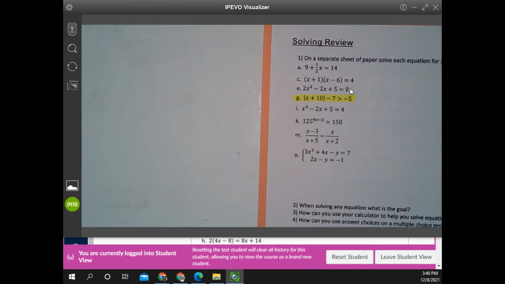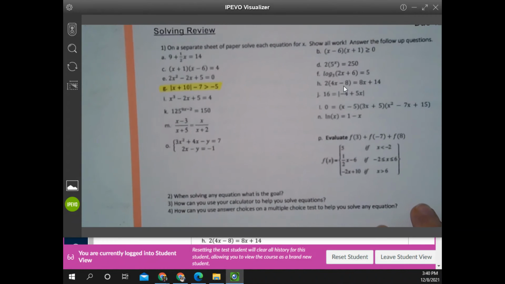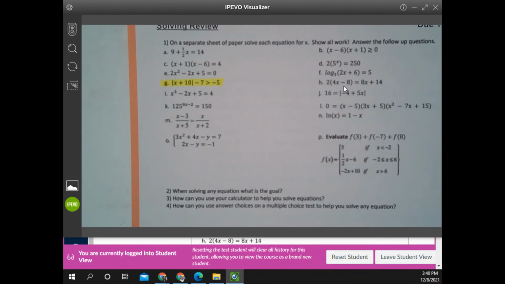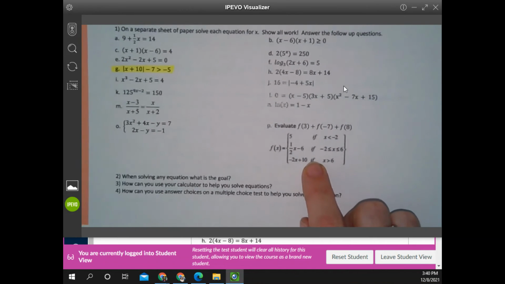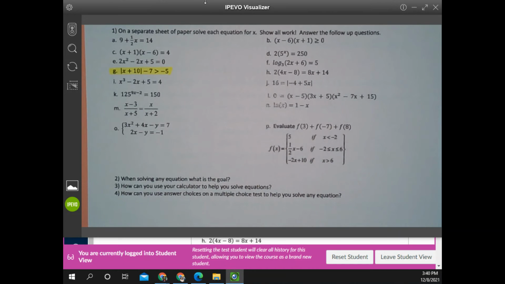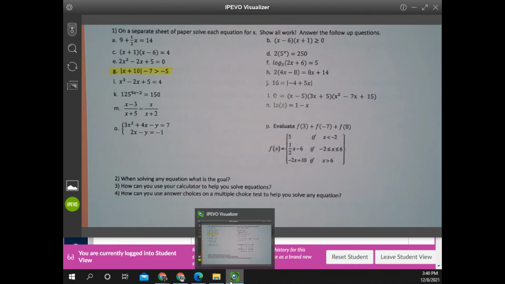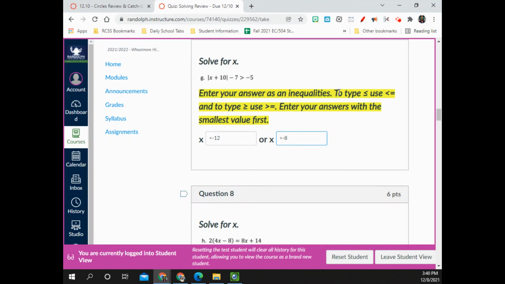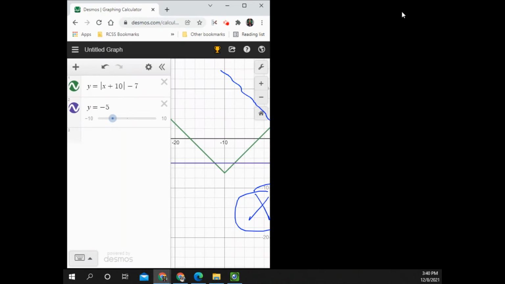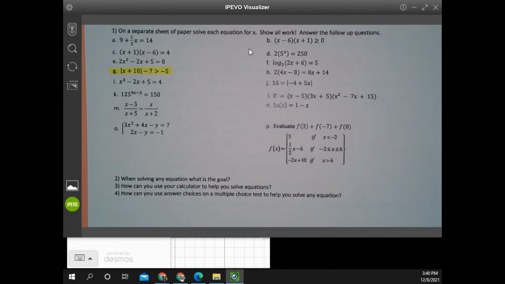So you have these problems right here, all right? I guess I do need to remind you of piecewise functions. Let me remind you of those. When you enter piecewise, let me get my Desmos pulled back up.